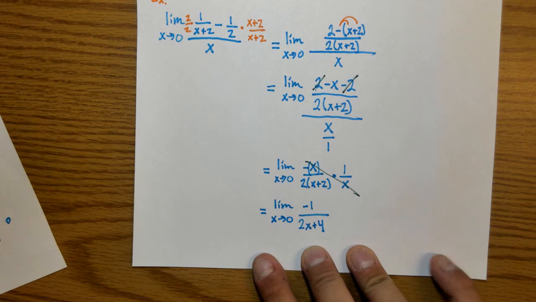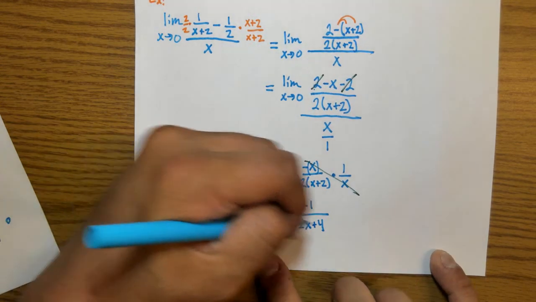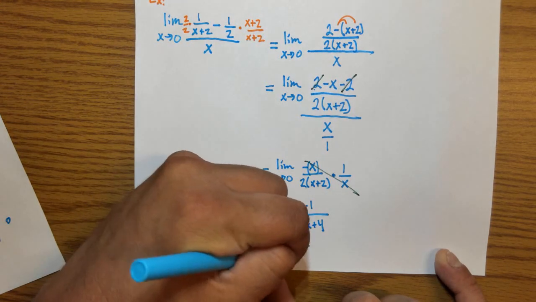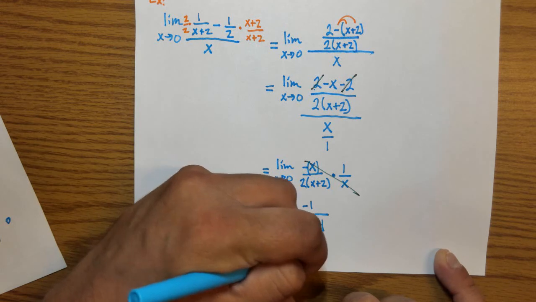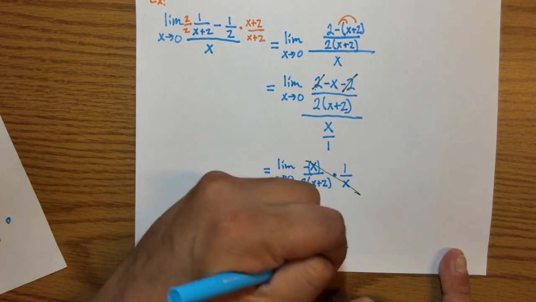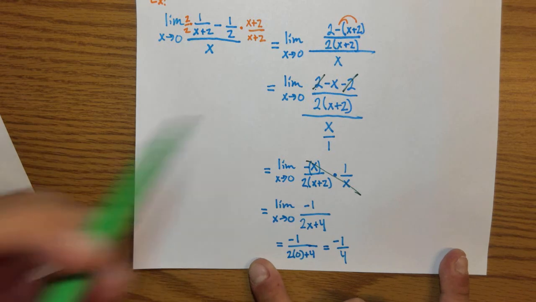And then notice that if we plug in 0, we're going to get negative 1 over 2 times 0 plus 4. That's going to be negative 1 over, that's going to be 0, so just negative 1 over 4. And that's that.